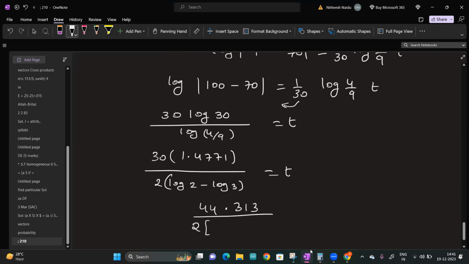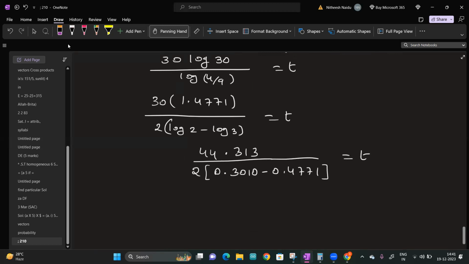Log 2 is 0.3010, and log 3 is 0.4771. Do the subtraction in the denominator. 44.313 divided by, multiplying by 2.